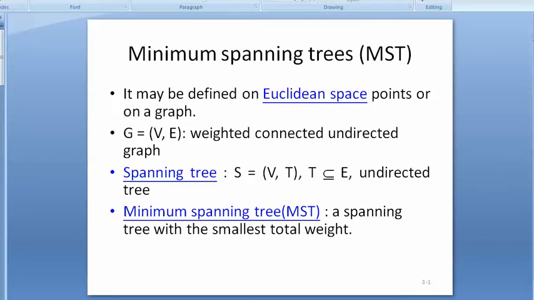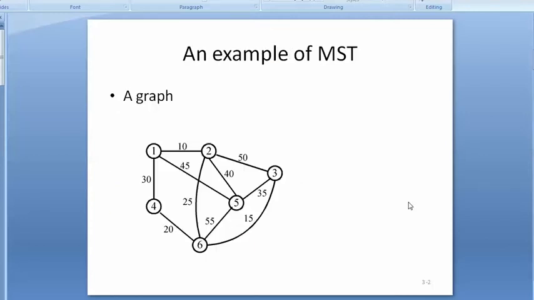And the minimum spanning weight tree is that spanning tree which has minimum weight among all the spanning trees. Please remember that for a given graph there can be many spanning trees, but the one which has the minimum weight is the minimum spanning tree. Making sense?